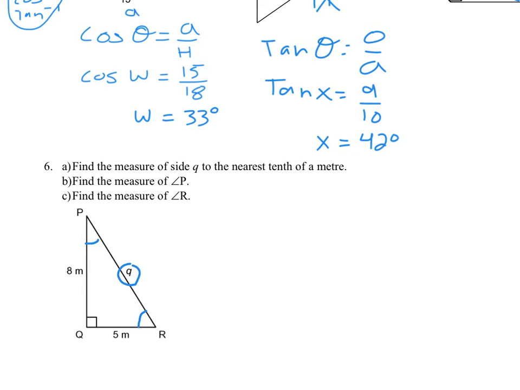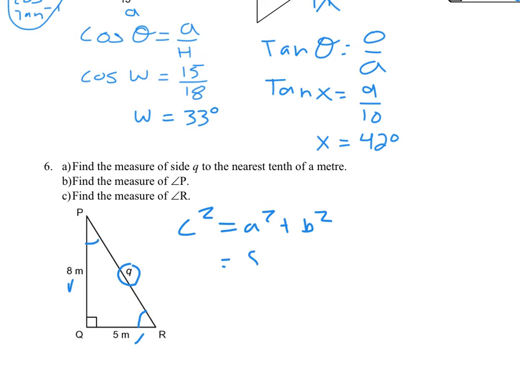So I've got to think back. How can I solve for a missing side length given two other side lengths in a right angle triangle? That's right. You can use Pythagorean theorem. So for this example here, I could simply use c squared is equal to a squared plus b squared.